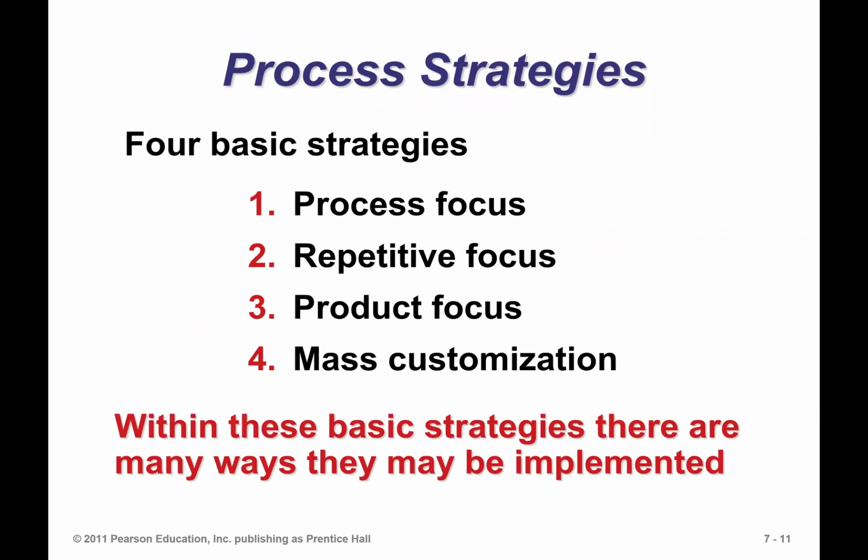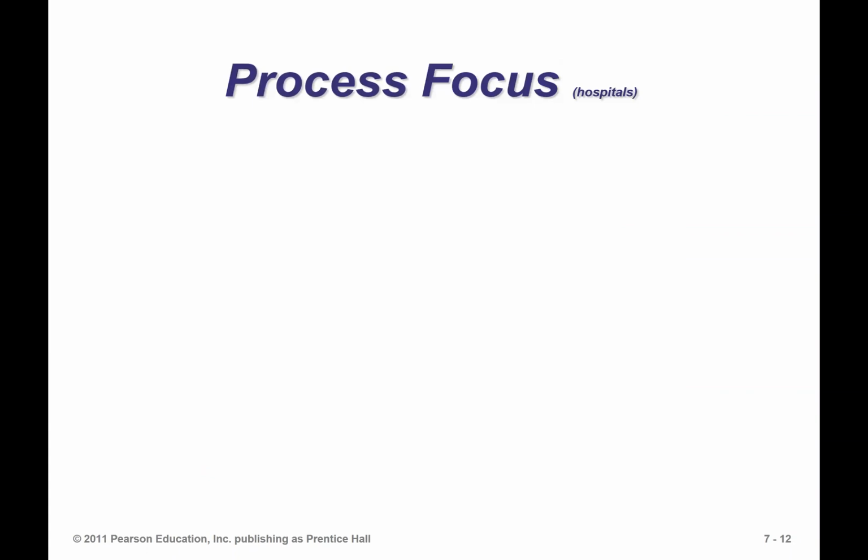So as we said, there are 4 basic strategies: the process focus, repetitive focus, product focus, and mass customization. So within these basic strategies, there are many ways that they may be implemented, right?